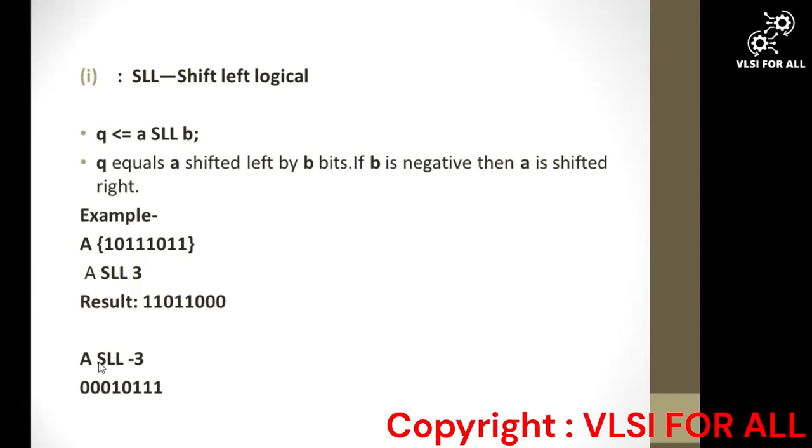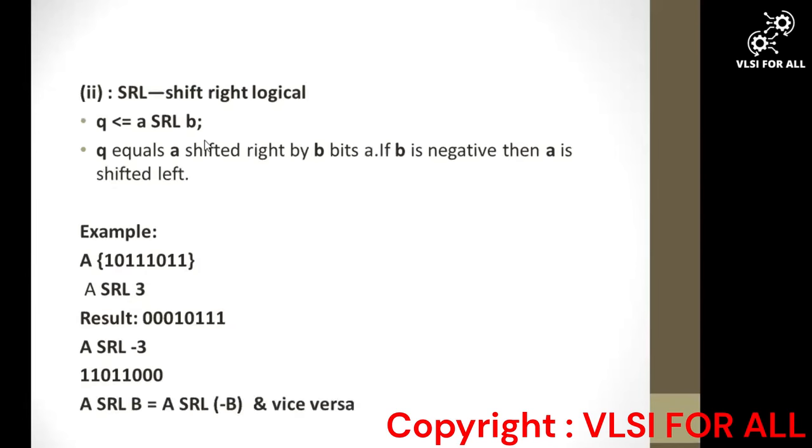If we do A SLL minus 3, it does the opposite: it shifts towards the right by 3 bits, and the vacant places are filled with 0. Here we can see 0 1 1 0 1 1 1. If we shift this towards the right, it comes here, and these 3 places are vacant, so they are filled with zeros.